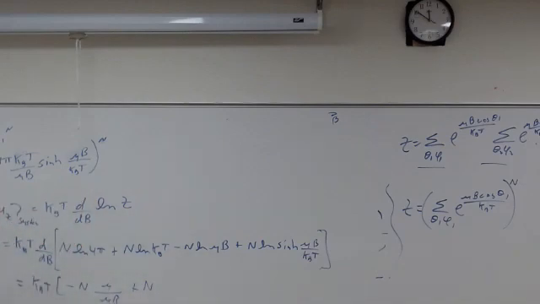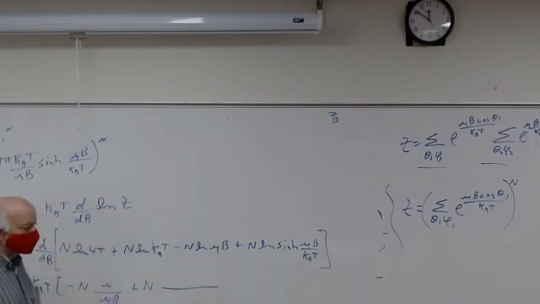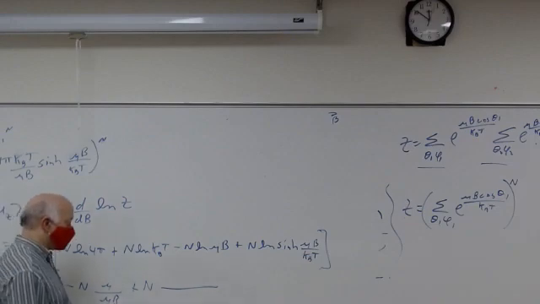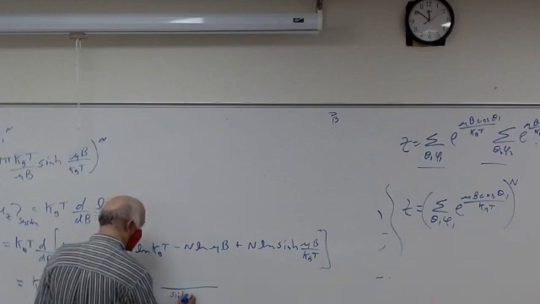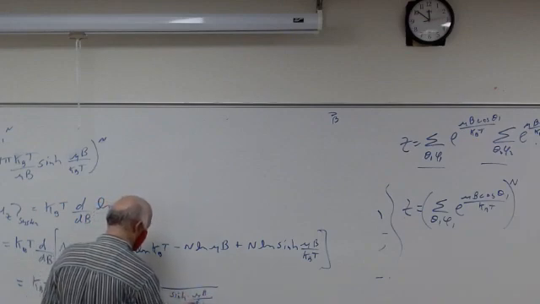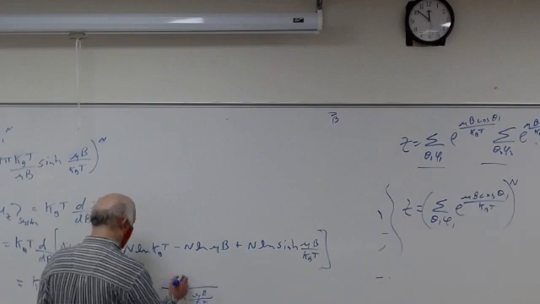Okay, what's that one? It would be 1 over the sinh. So the sinh goes in the bottom. kB T times sinh of mu B over kB T. The derivative of the sinh goes to a hyperbolic cosine.